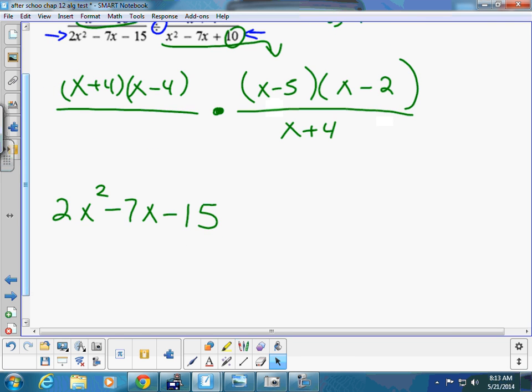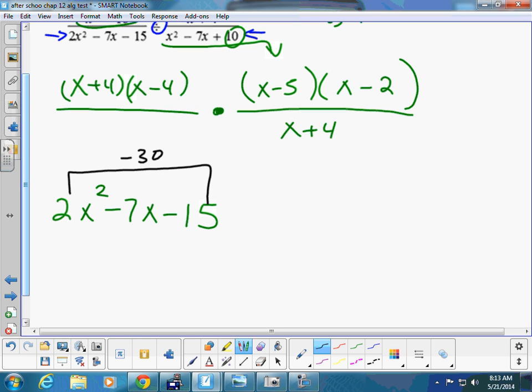So this is the long method if you've forgotten. This times this is negative 30. Now we need factors of negative 30 that add up to negative 7. That's going to be negative 10 and 3, right? Yep. Negative 10x and positive 3x. So our next step in this is to group these up.